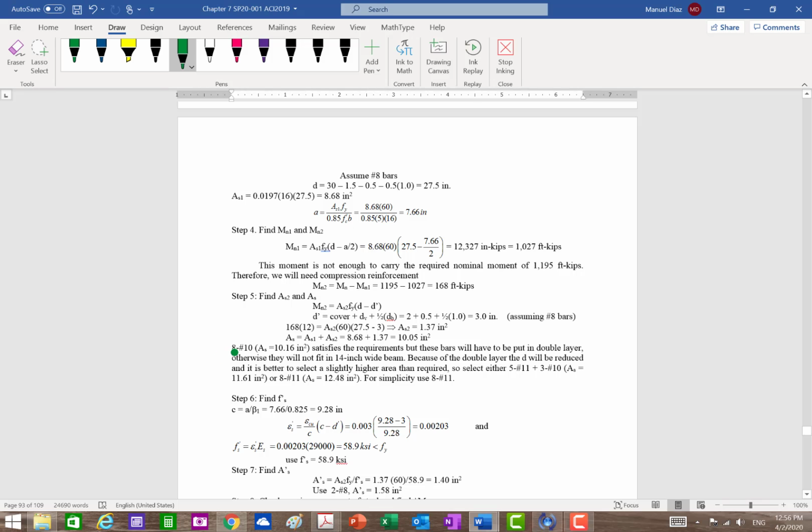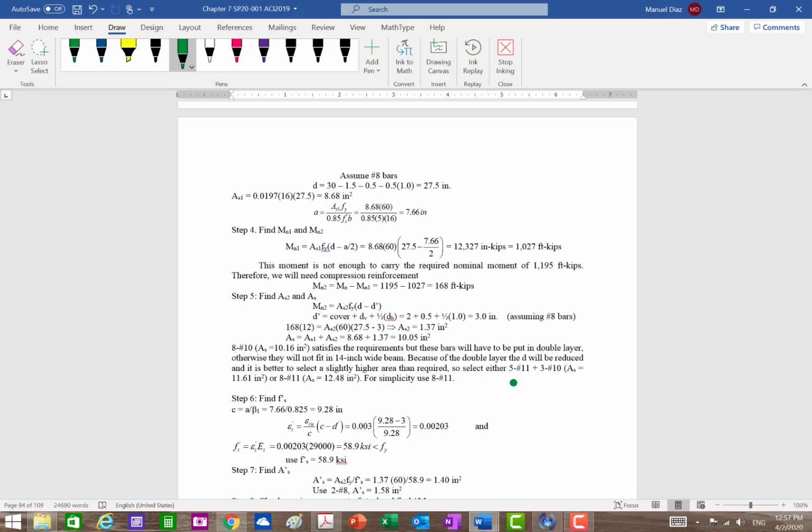So this time I pick a higher value. 8 number 10s. Right? This is higher than that. But you have to use double layer. Okay. Because of the double layer, you will have a smaller D, right? And it is better to select a slightly higher area than required.